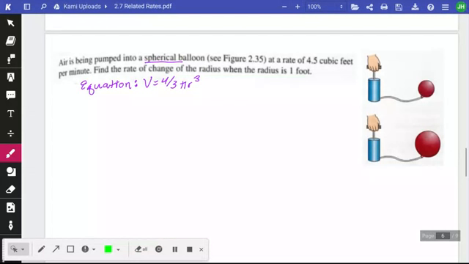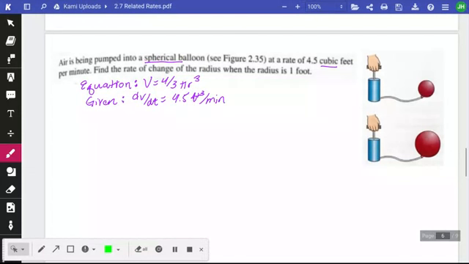All right, so then I want to write what I'm given. We are given that the volume is changing, the air being pumped in, and I know it's volume because, again, the cubic feet per minute. So we know that dV over dt is 4.5 cubic feet per minute.